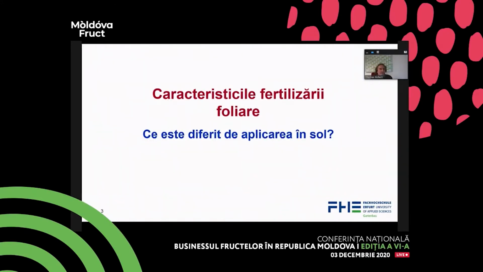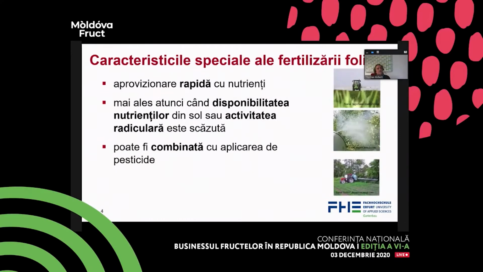What are the features of foliar fertilization, and what are the main differences from soil uptake? Well, everybody using foliar application knows that it delivers the nutrients quite fast. It's a fast absorption, fast supply, and the main advantage is when root uptake is limited.